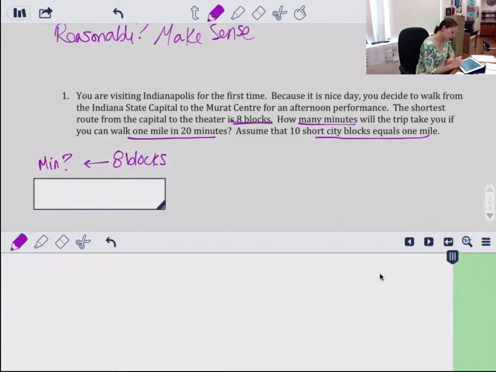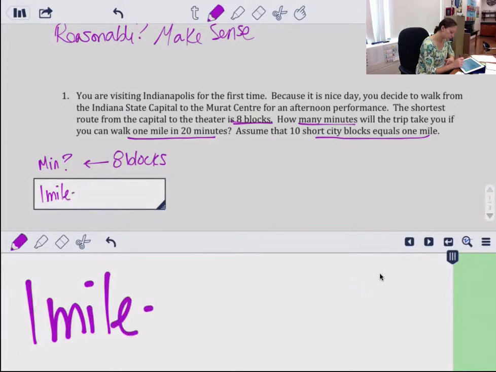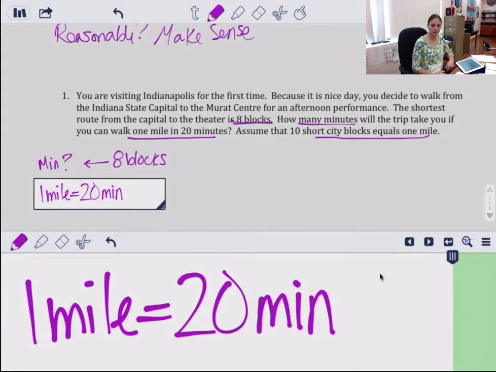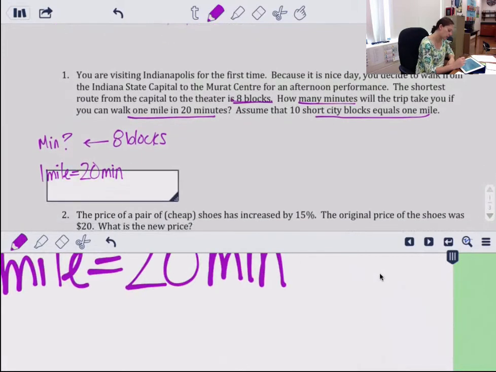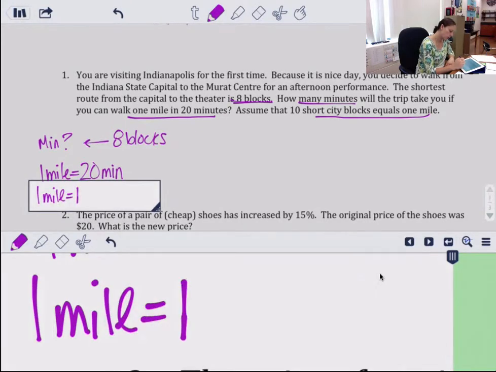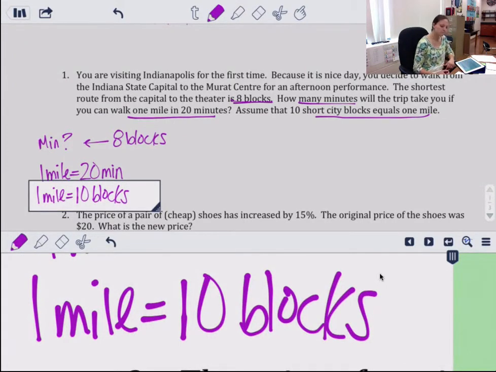Well, I know that in 1 mile it'll take you 20 minutes. And I also know from that last part that in 1 mile there are 10 blocks.